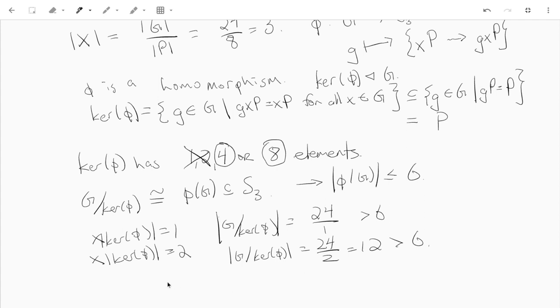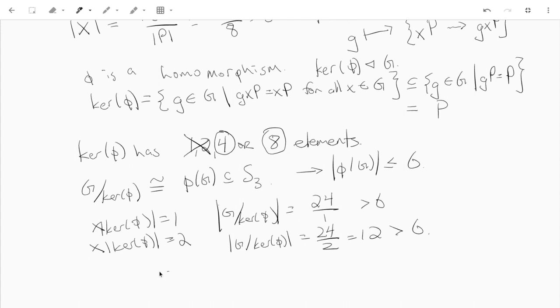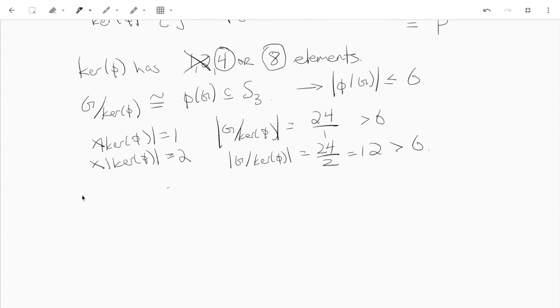What does that tell us? Let's write down a few things we know now. First, the kernel of phi is a 2-group, and it's normal in G. The kernel of phi is solvable. What else?